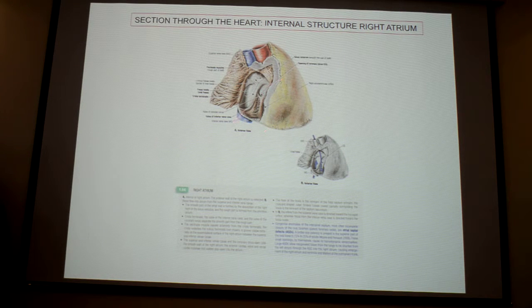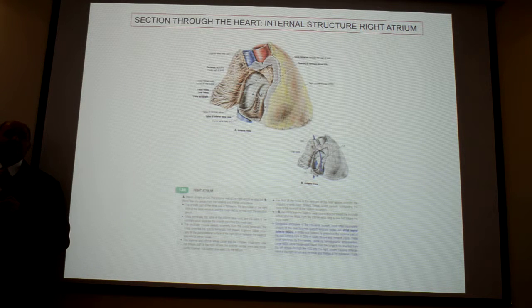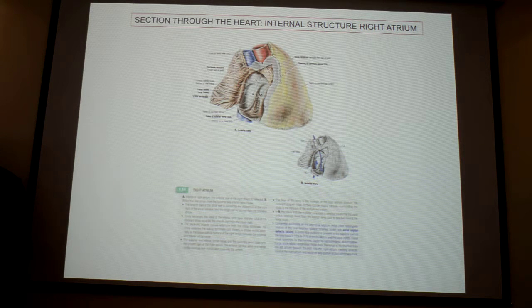Now, going into the medial wall of the right atrium of the heart, it contains an oval structure. We call it fossa ovalis. This fossa ovalis, we get it from an opening we had when we were not born.